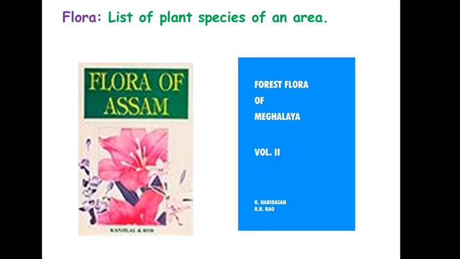So that means in flora or in floristic studies, a phytogeographer will simply list each and every plant species growing in his or her study area. Say if we say flora of St. Anthony's College campus, what are we supposed to study there?